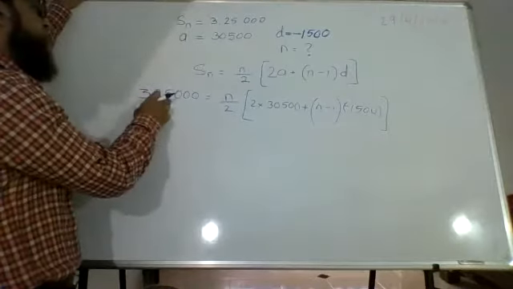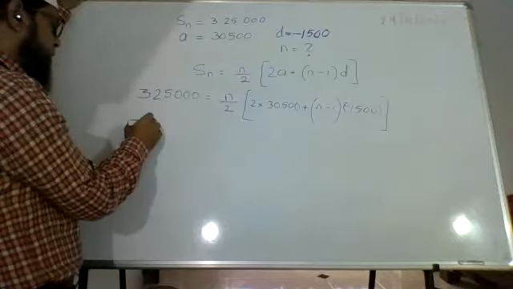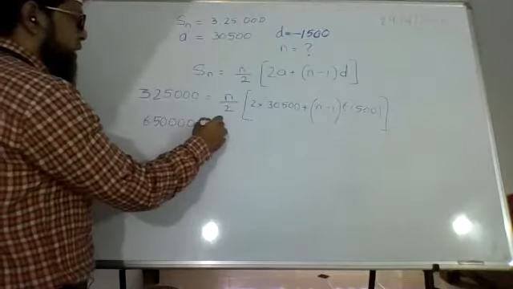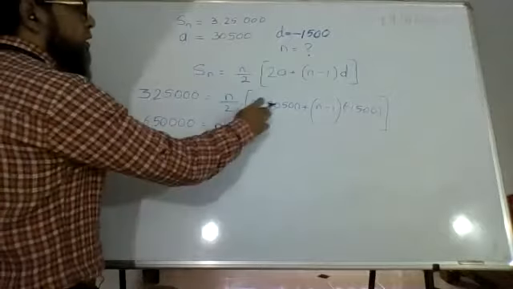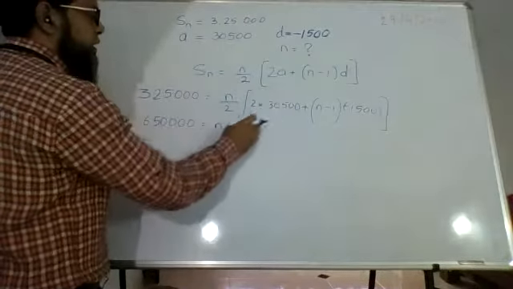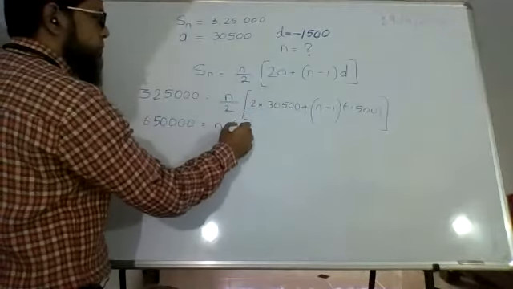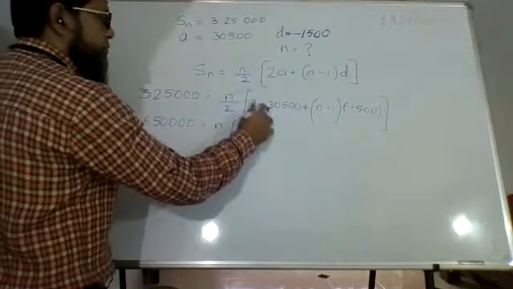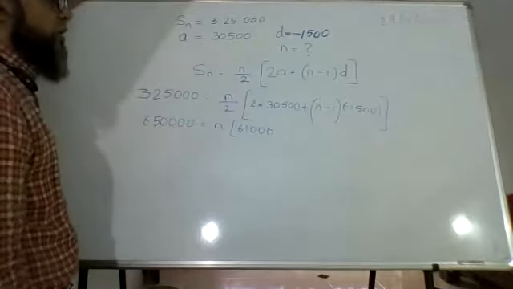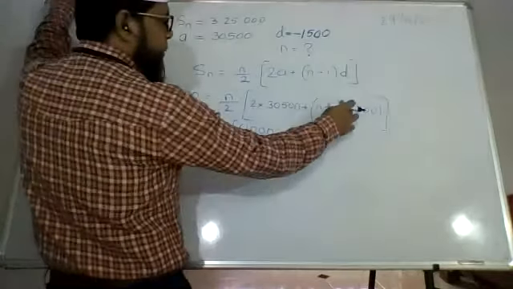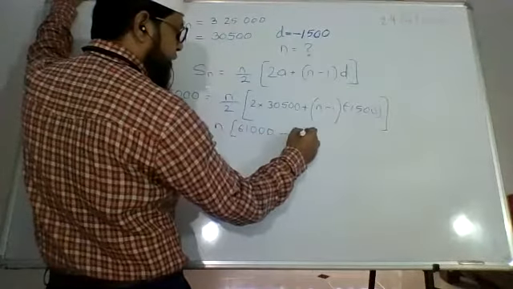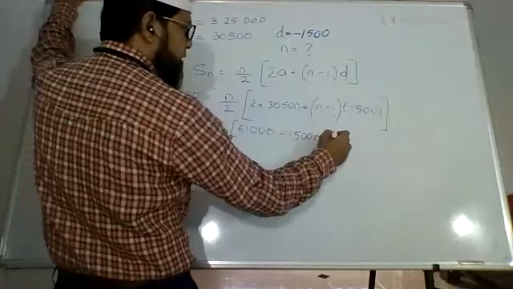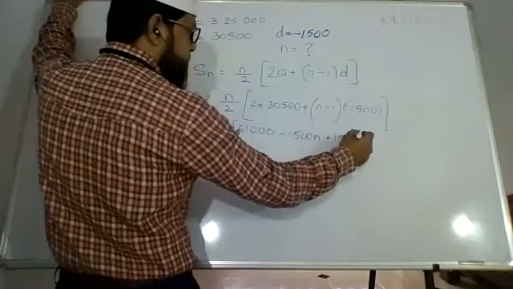So 3,25,000 multiplied by 2 becomes 6,50,000. 2 into 30,500 is 61,000. Plus n into minus, so this is minus 1,500 n. Minus into minus is plus 1,500.